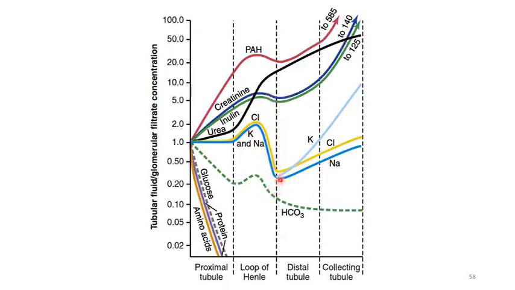And in the remaining part, they gradually increase their concentration, except for bicarbonate. Other solutes' concentrations will increase from the end of the loop of Henle to the end of the nephron.